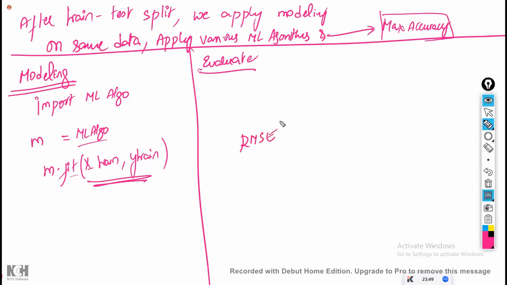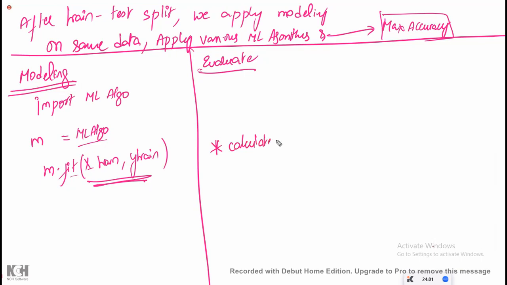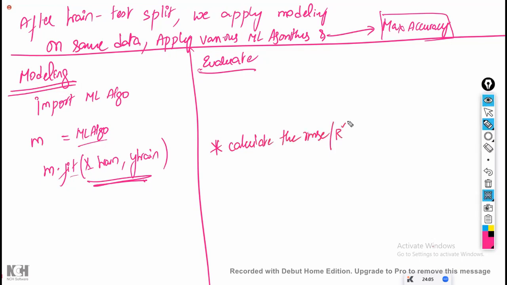So evaluation, we are going to do on the test data. Evaluation means basically calculate the RMSE or R square, any one. One is accuracy wise, one is error wise. Calculate the RMSE or R square on the test data.